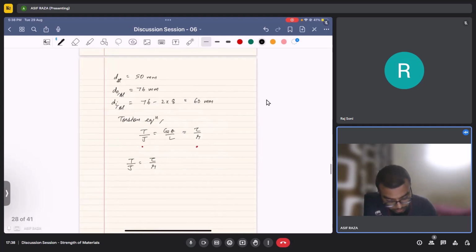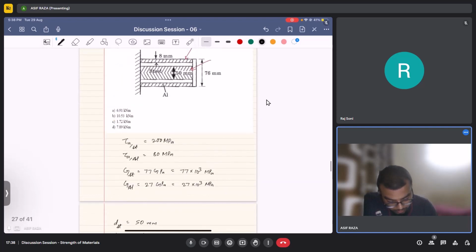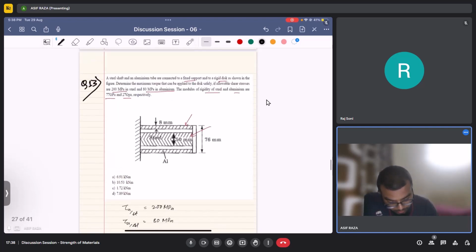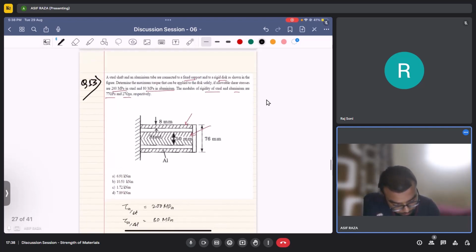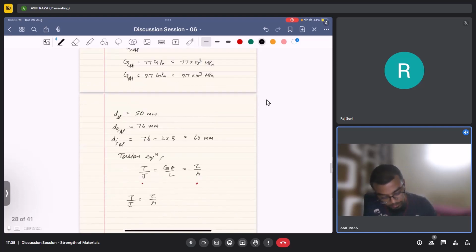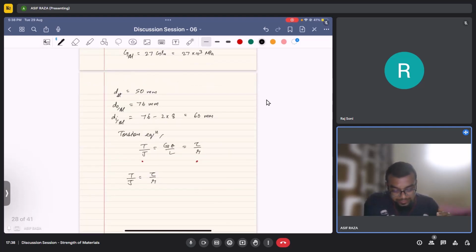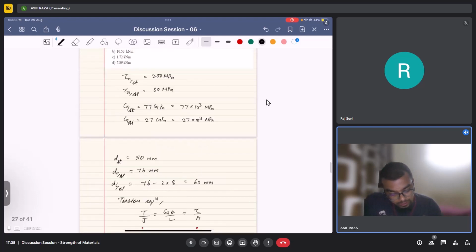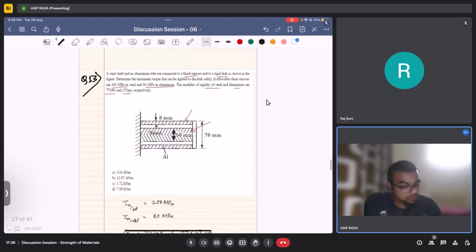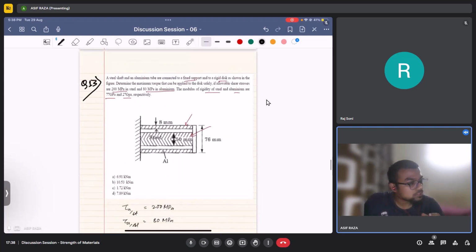Now let us calculate. Theta would be the same for both systems, theta steel and theta aluminium, because both are connected with the same disc. So when the torque is applied, the same theta will come out in steel as well as in aluminium.